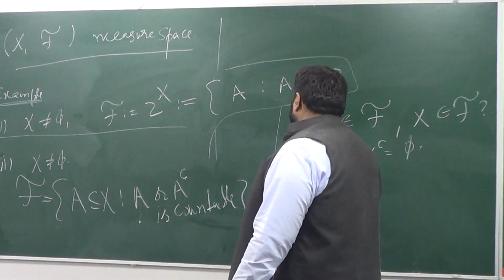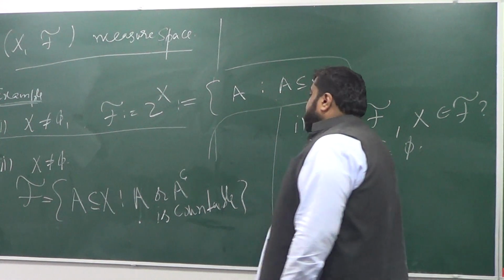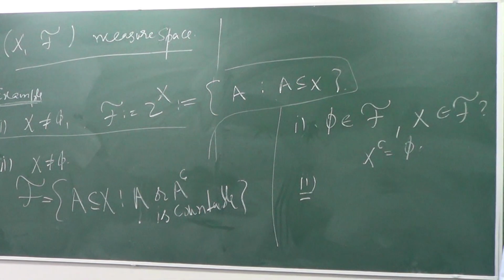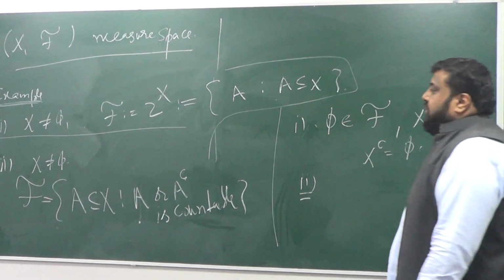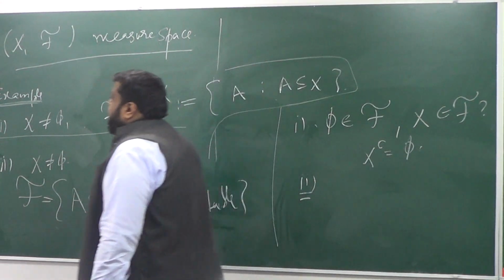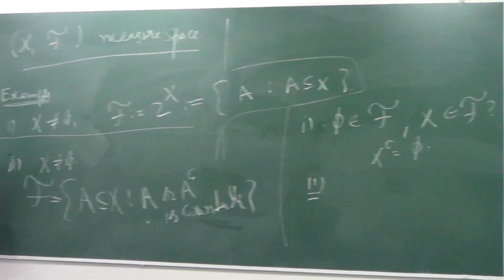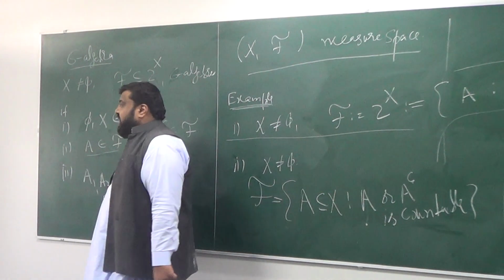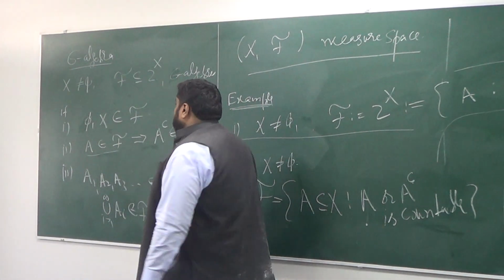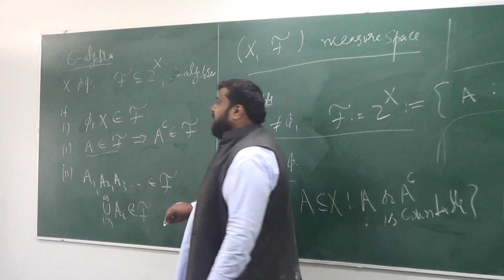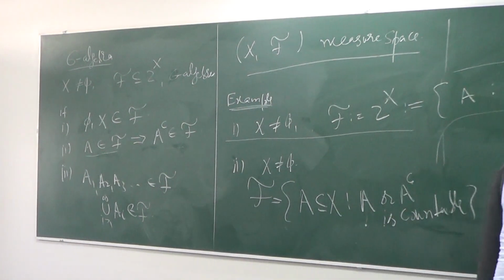So what would be the second thing? For proving the second thing, you have to pick an element from your potential sigma field and show that its complement should also be there.